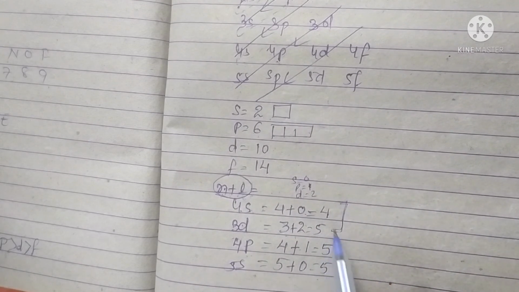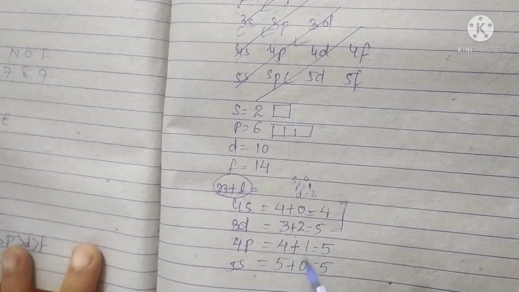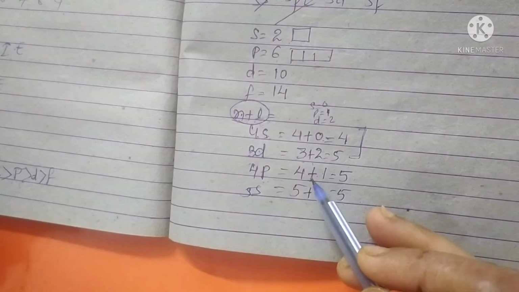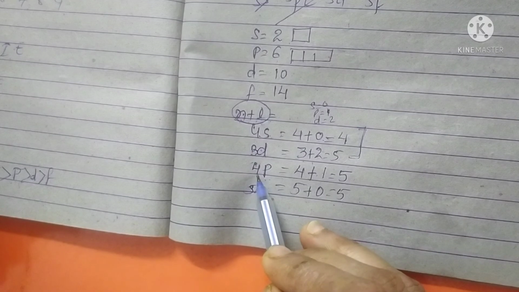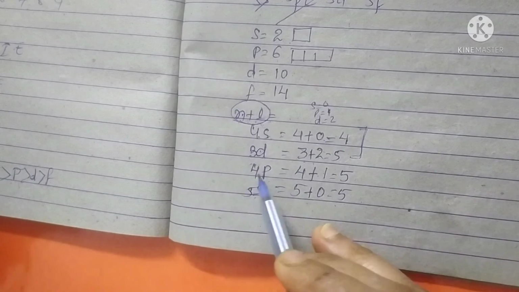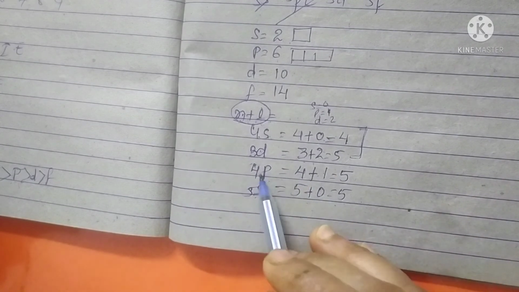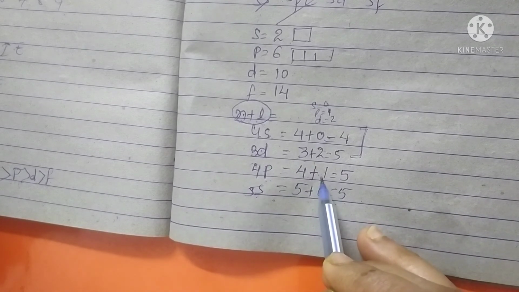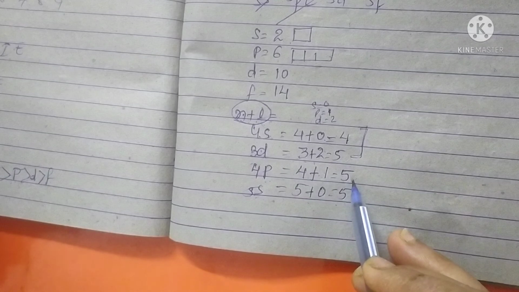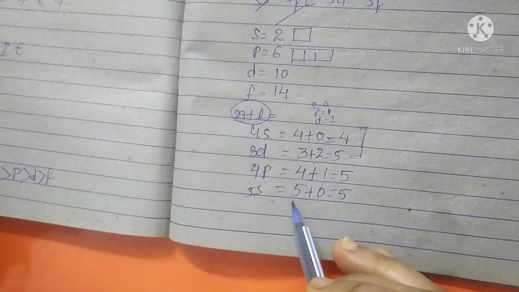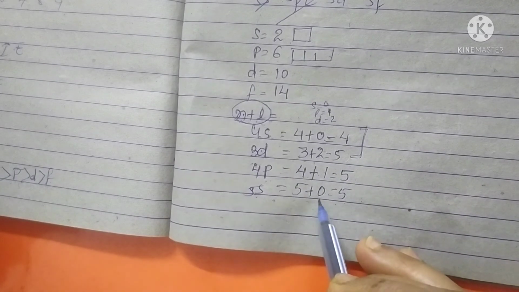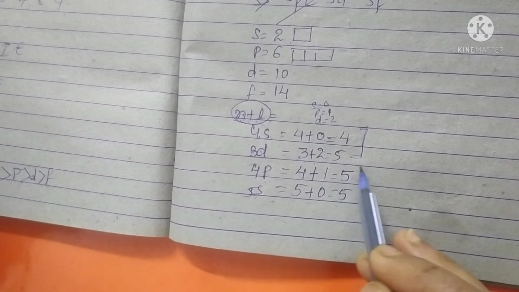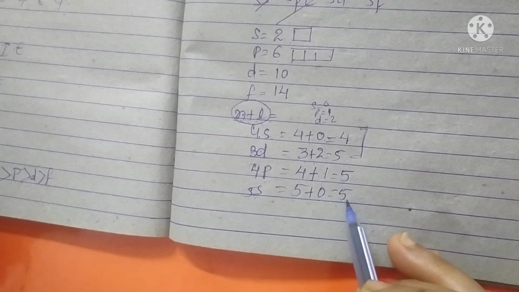Now let us check what happens if both orbitals have the same value of n plus l: 4p and 5s. For 4p, the value of n is 4, and for p, the value of the azimuthal quantum number is 1, so it is 5. Similarly, for 5s, it is 5 plus 0, equal to 5. Both have the same value of n plus l.